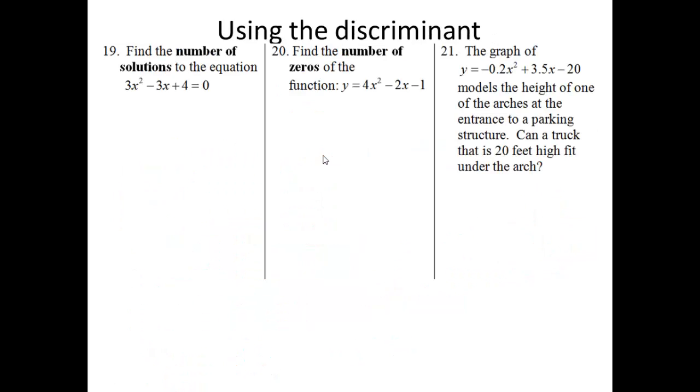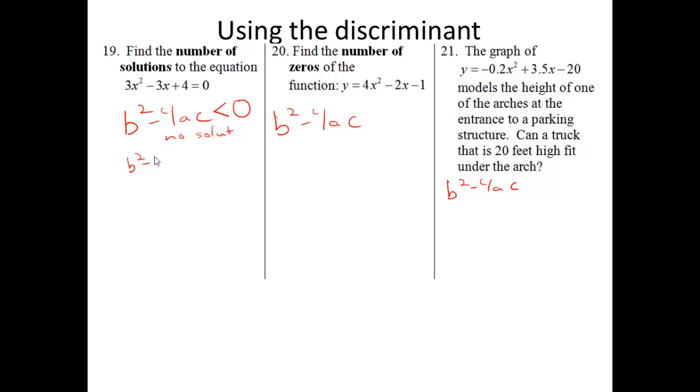All right, using the discriminant. The discriminant is just that part of the quadratic formula, which is the b squared minus 4ac. And just a reminder, when this is less than 0, we have no solution.